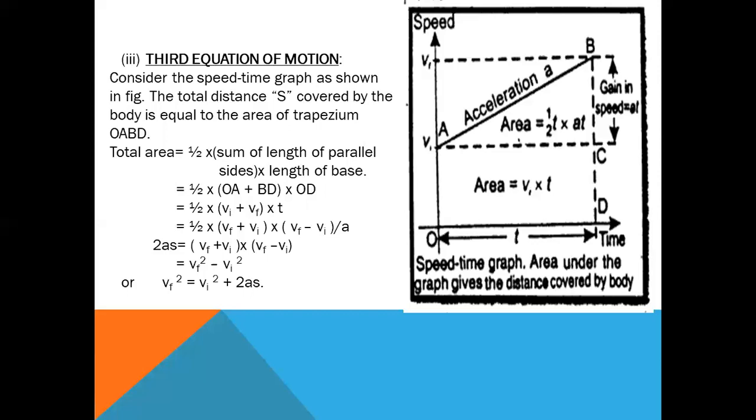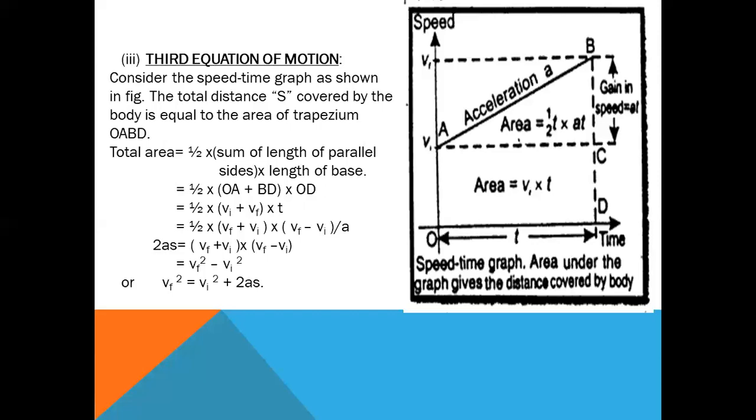Rearranging. Vf is taken as first part. It is just change of position, nothing else. Vf plus Vi times this part of the equation is taken from first equation. We may derive from first equation that t is replaced by Vf minus Vi divided by a. So t from first equation is equal to Vf minus Vi divided by a.